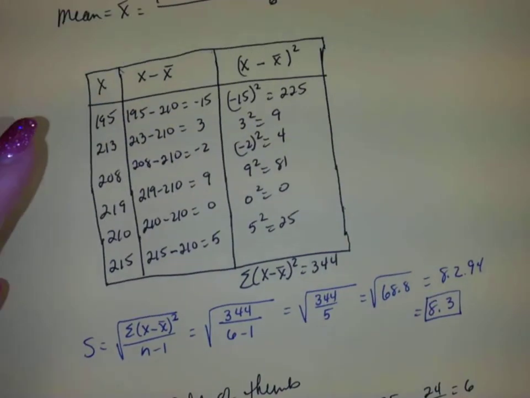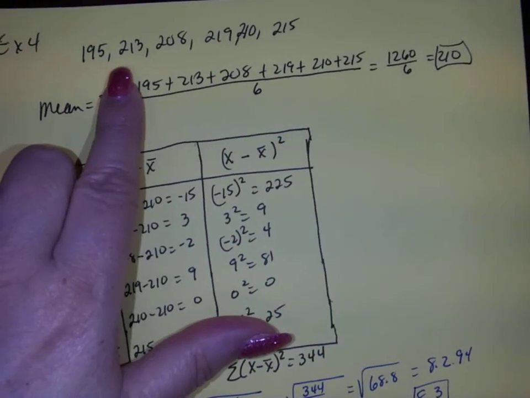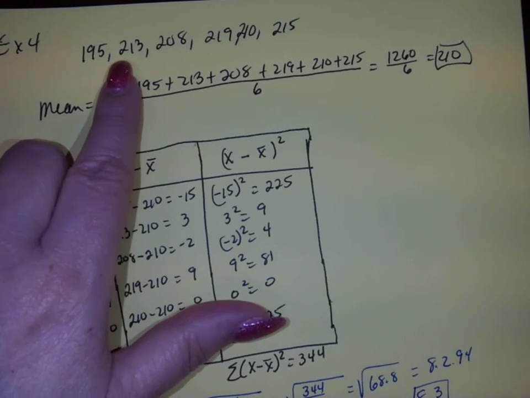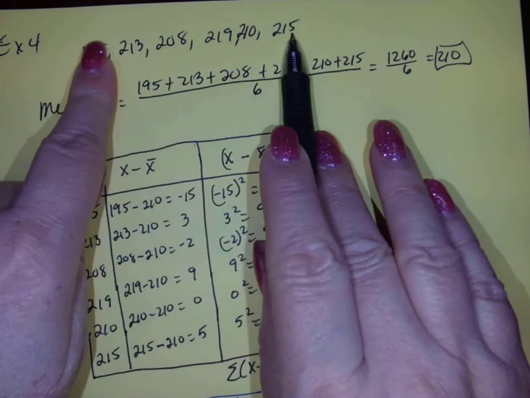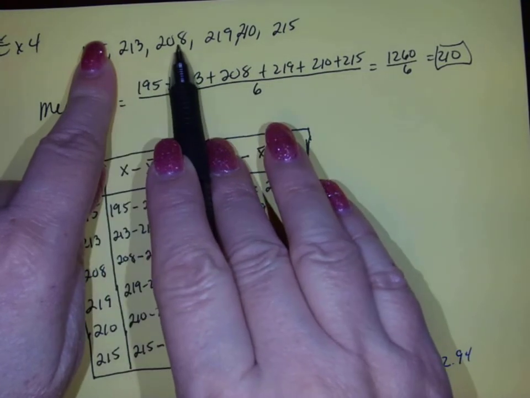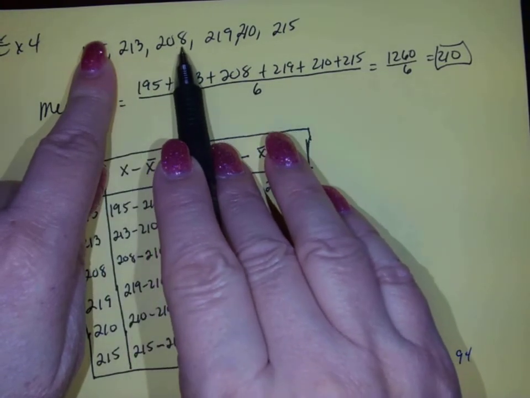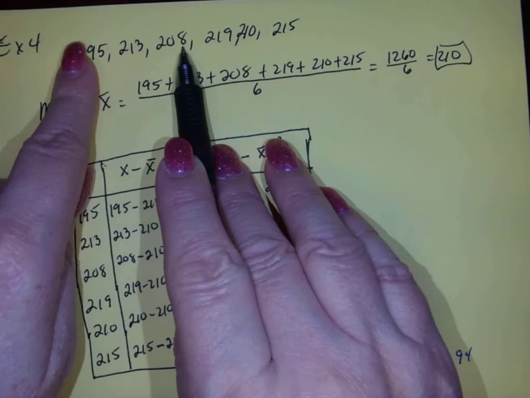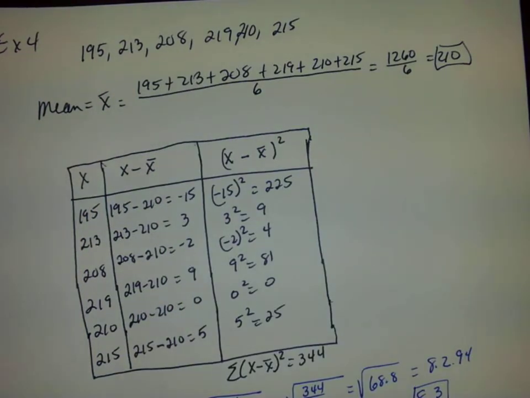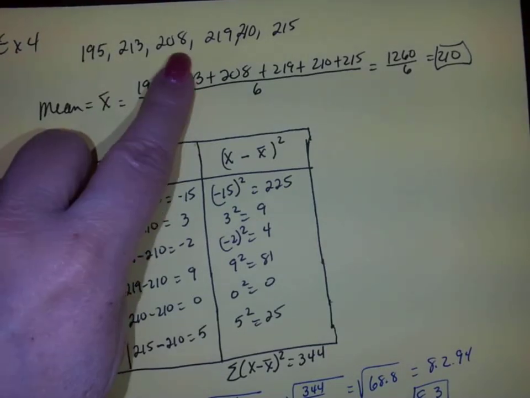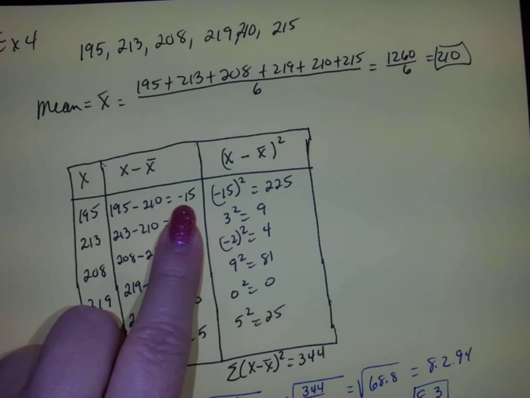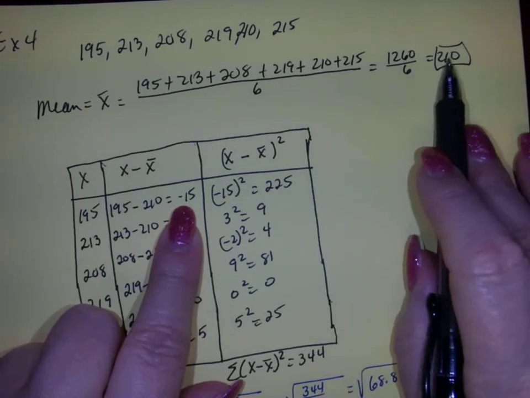Well, let's go back up here and look at our data. When we look at the data here, all the rest are in the 200 level, right? Our next small one is 208. This one is 195. So that's going to make a difference, right? Because that 195 is almost an outlier, because it's 15 points away from our average.